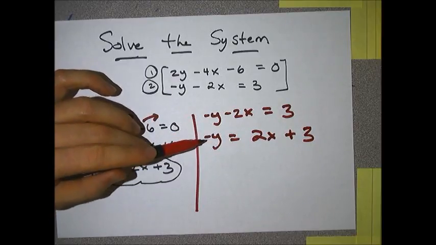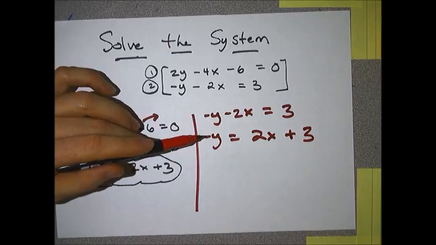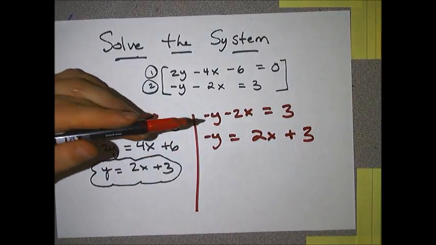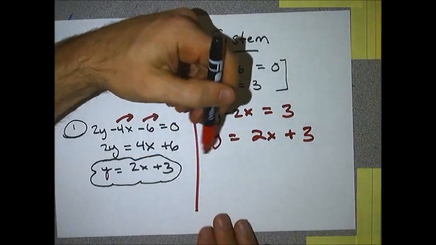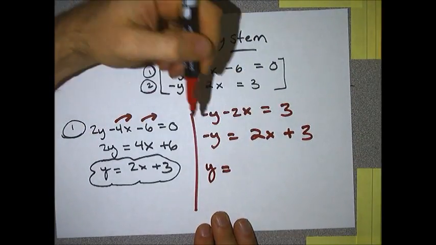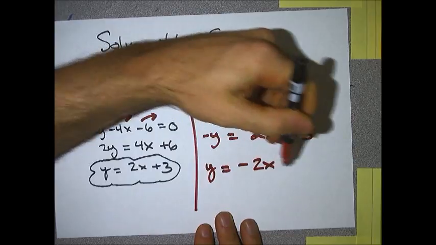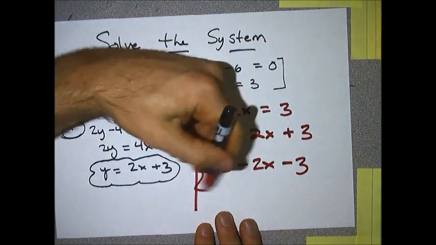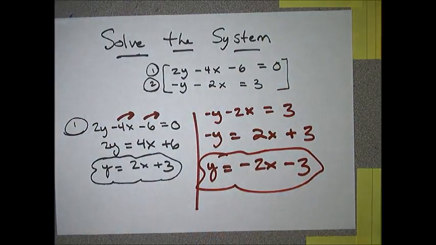If there was another number in front, you would divide by that number. In this case, the number in front is a -1, so I'm dividing everything here by a -1. So y is equal to -2x minus 3, and I circle that one because now I have two equations that are completely solved for y.